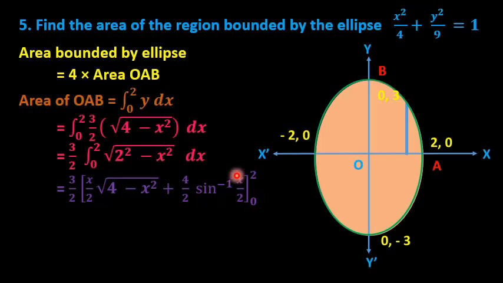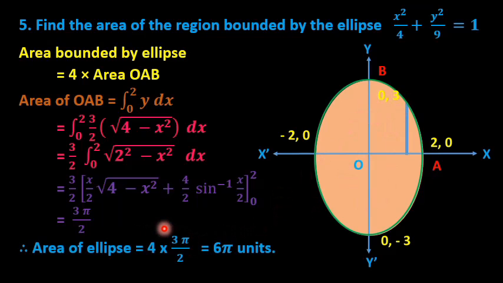Now we put the upper limit and lower limit, and after simplification we get 3 pi by 2. So this 3 pi by 2 is the area of OAB only. In order to get the total area of the ellipse, we need to multiply by 4. So at last we write the area of the ellipse equals 4 into 3 by 2, which is 6 pi units. So this is our answer, which is 6 pi.